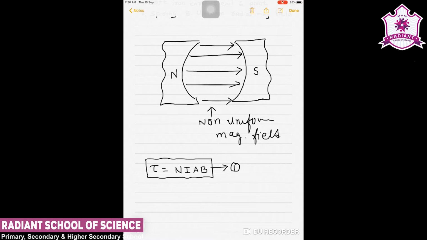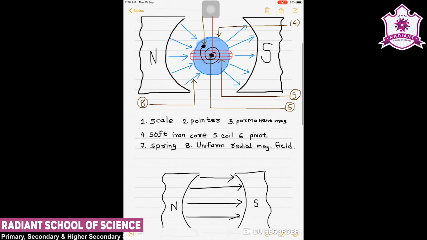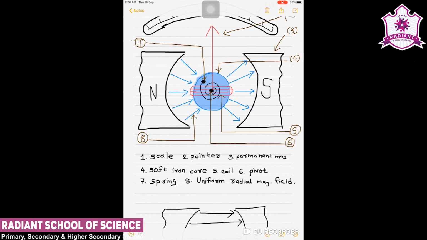The counter torque is produced by this spiral spring; in the figure above we can see the spiral spring as number 7.